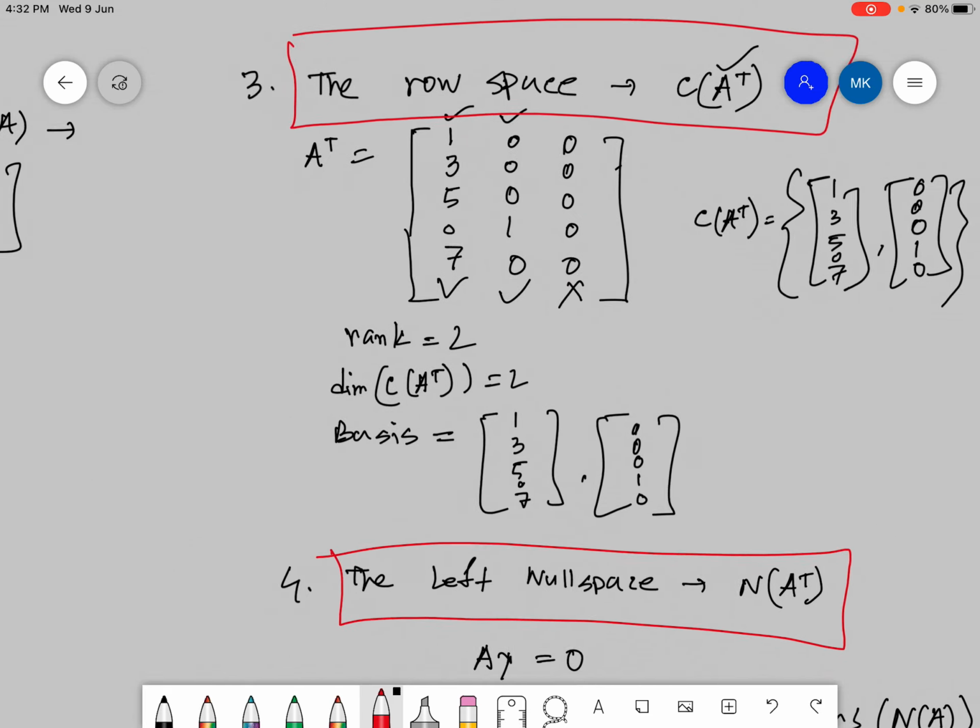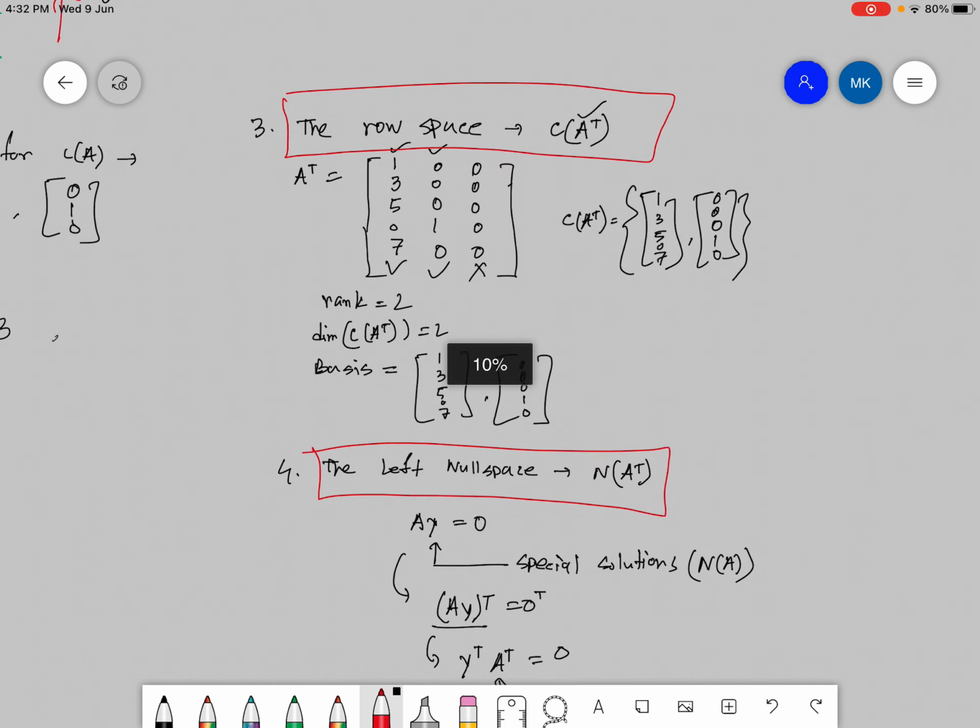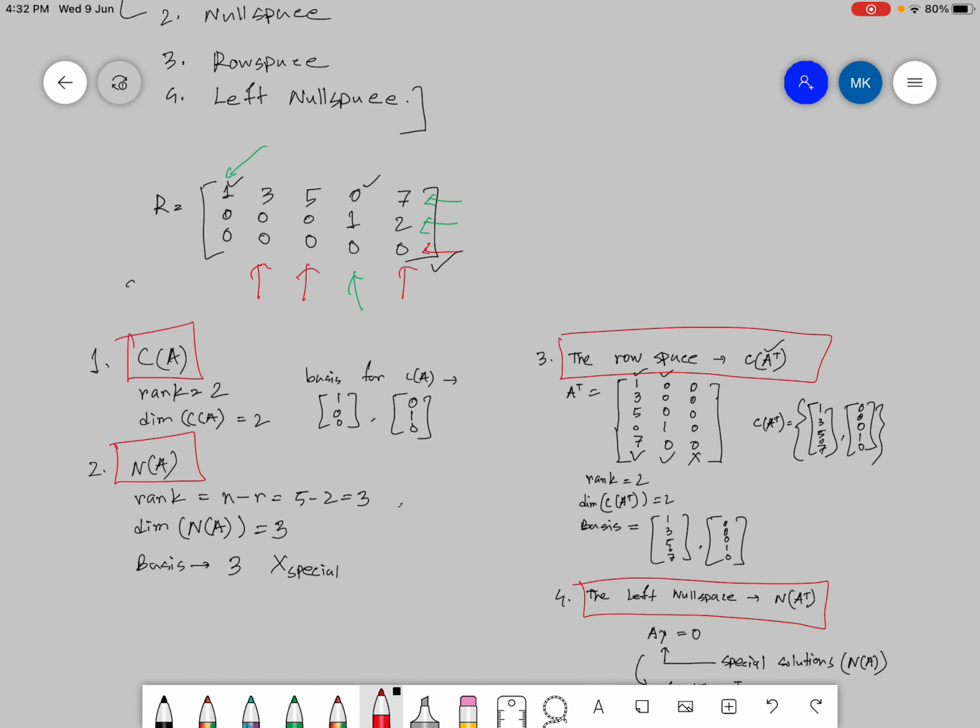Okay, so these are the four fundamental subspaces of any matrix A.